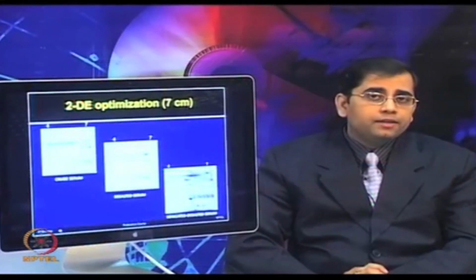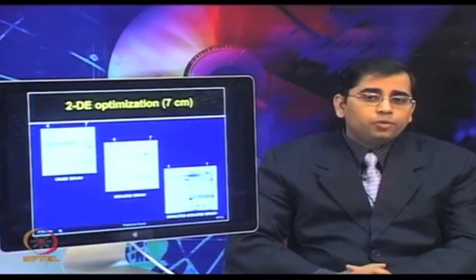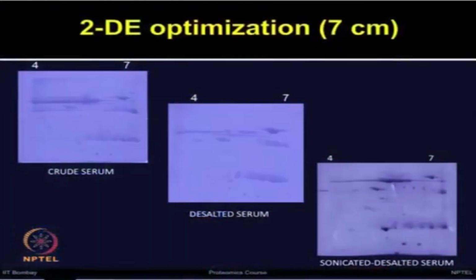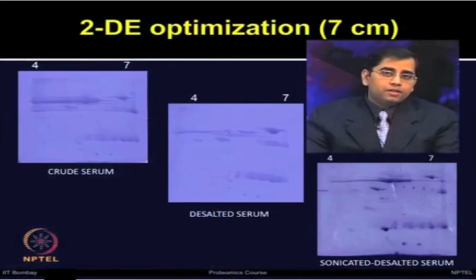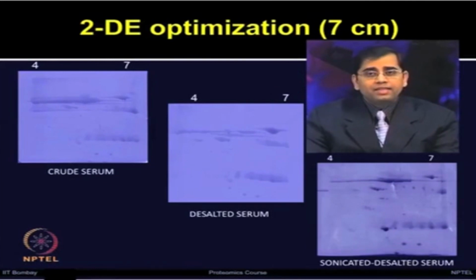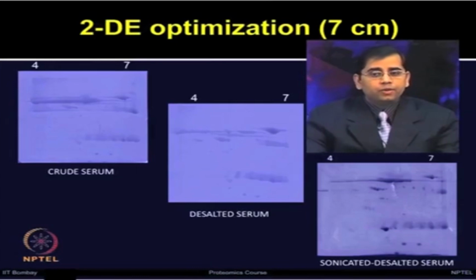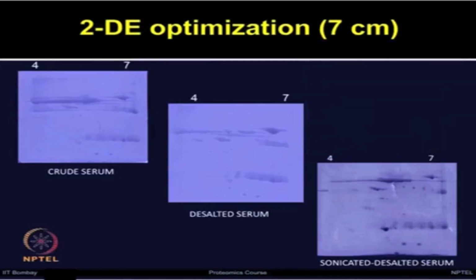We also tried to see how many proteins we can separate on the small gels, and as expected the small gel of 7 centimeters cannot provide a very large number of proteins, but even these gels can be used for standardization. As you can see, going from the crude serum to the desalted and then finally sonicated and desalted gives better coverage of the proteome.